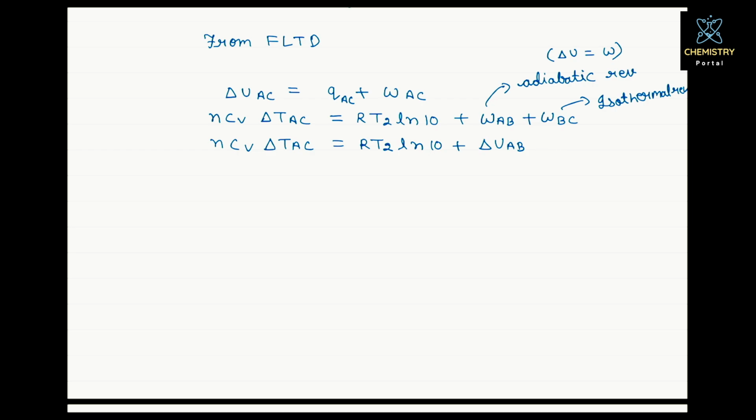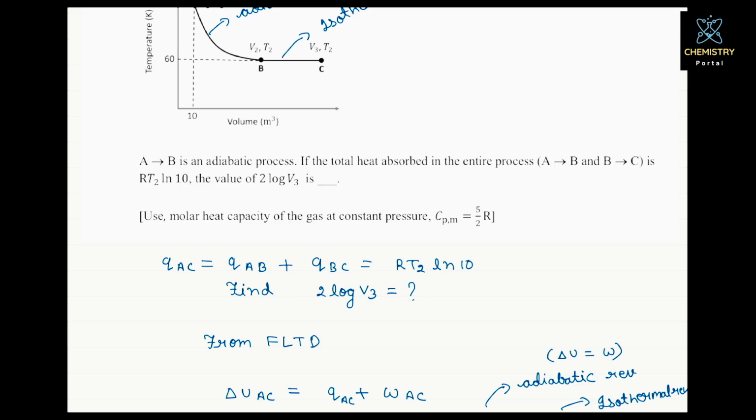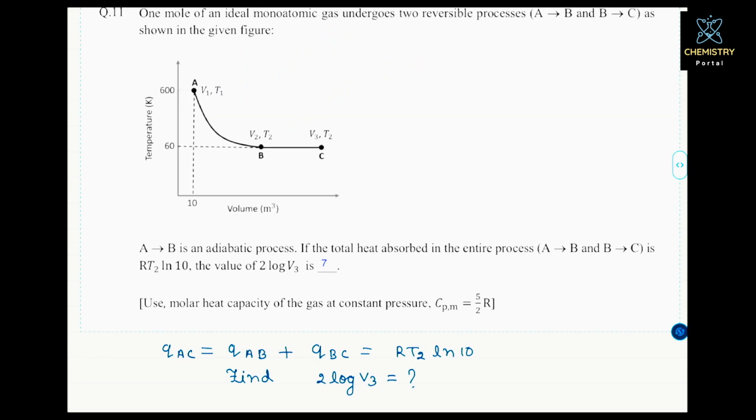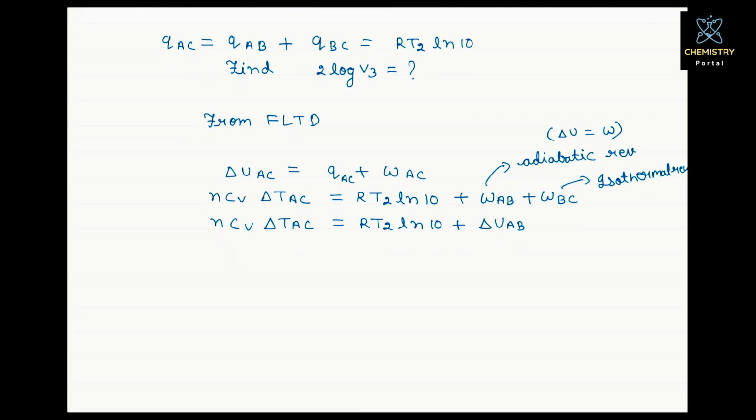For a reversible isothermal process the formula is minus nRT ln V3 by V2, because the temperature is given for the isothermal process, so minus nRT2 ln V3 divided by V2.